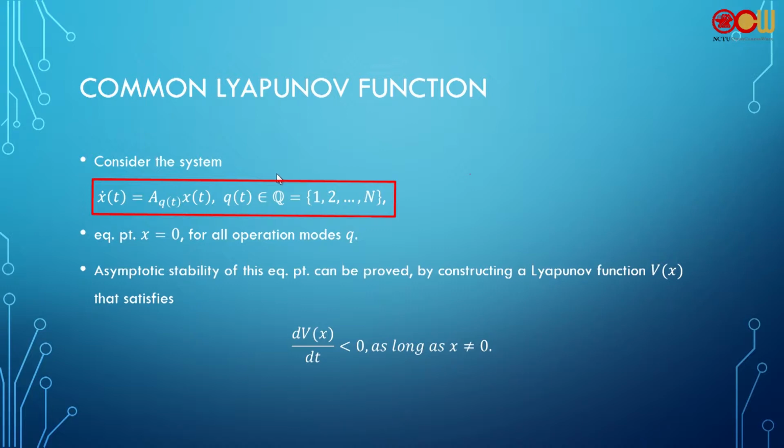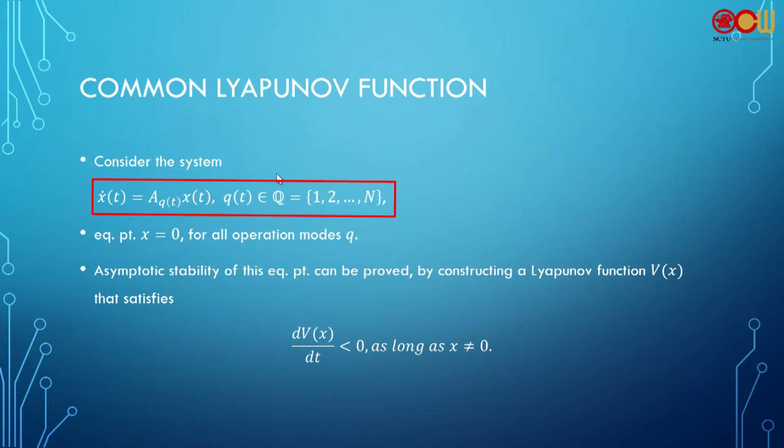So if you consider x dot equal to Ax, that's what we taught before, and this is a linear system. And A determines the natural dynamics of the system. But now you have different A1, A2, because q(t) belongs to a set from 1 to n. You have different subsystems to switch between.